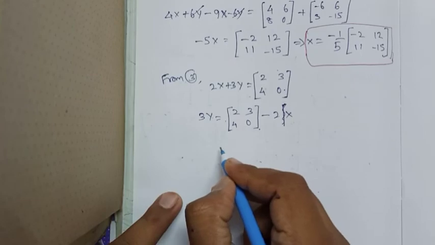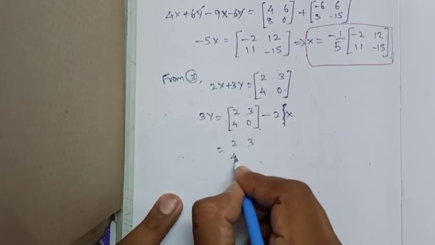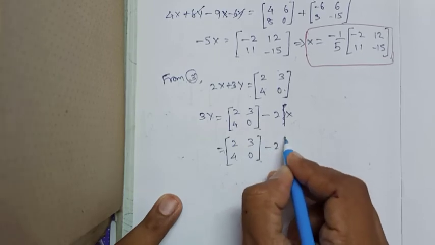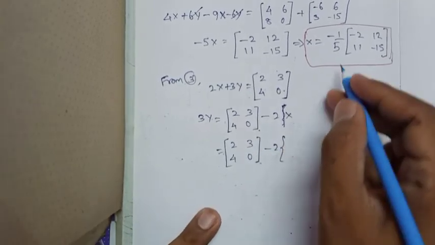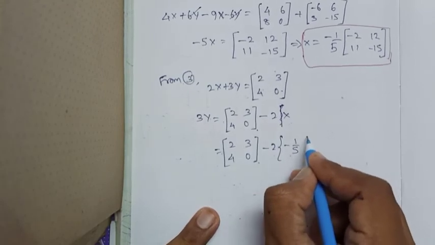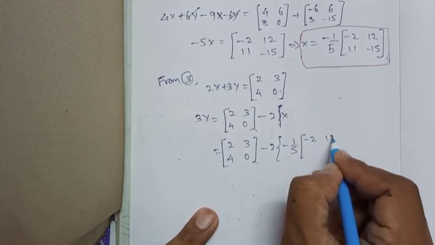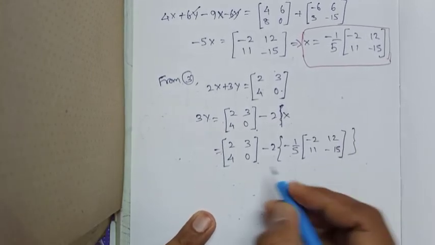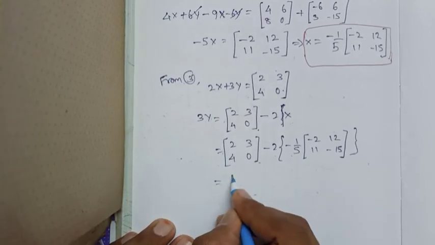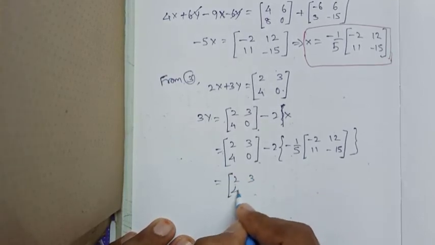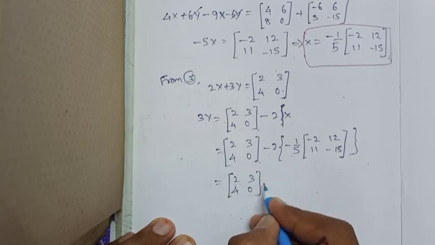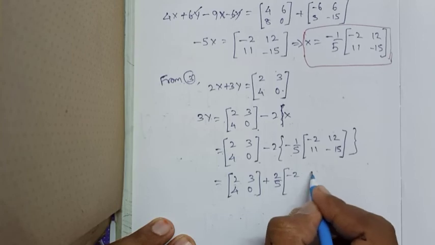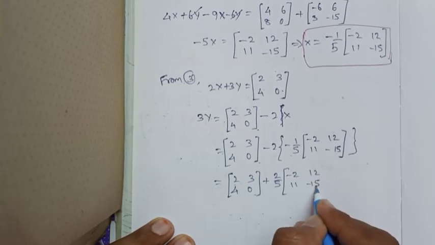Now substitute the matrix: 2, 3, 4, 0 minus 2 into the matrix x, which is minus 1 by 5 into minus 2, 12, 11, minus 15. Now multiply inside, we get 2, 3, 4, 0, minus into minus is plus sign, 2 by 5, into minus 2, 12, 11, minus 15.